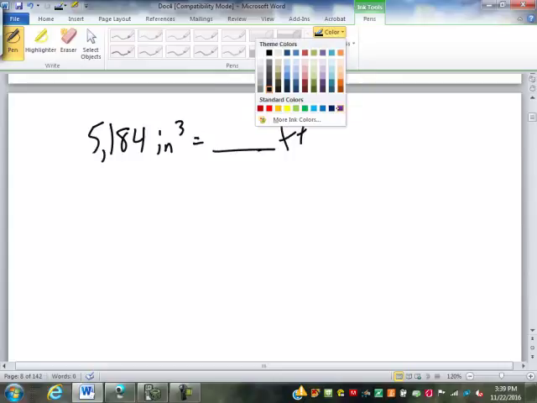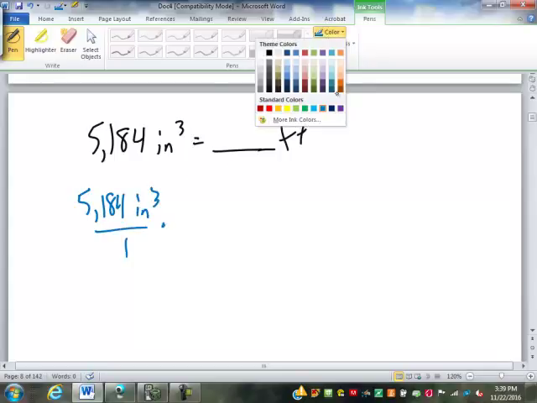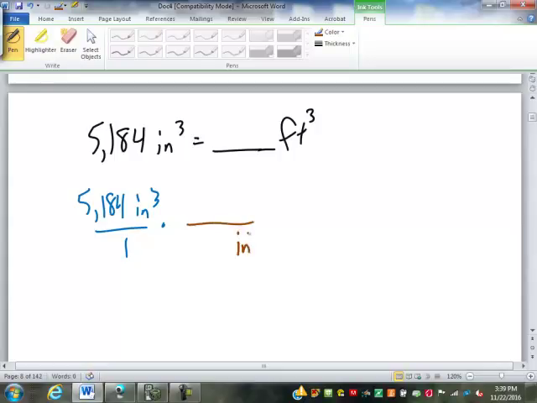So 5,184 cubic inches going into cubic feet. We're going the other direction now, but it's also cubic instead of squared. So cubic inches over 1, cubic inches on bottom, cubic feet on top. The larger unit is the feet, so I'm going to put 1 cubic foot.